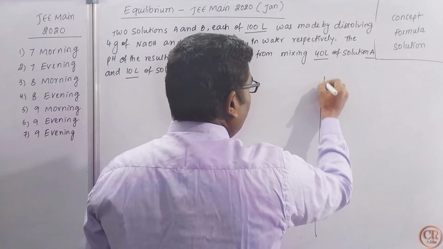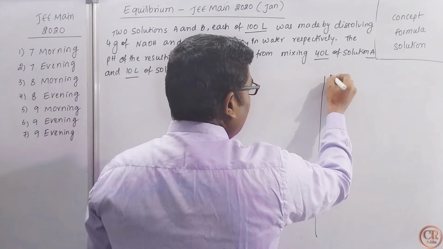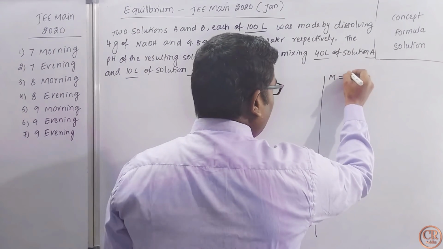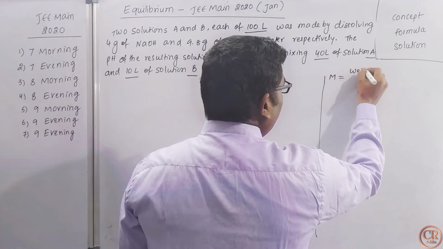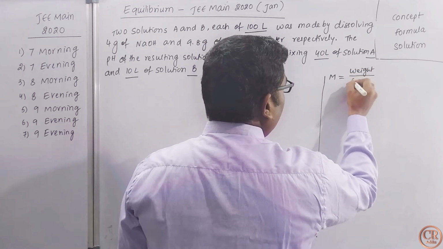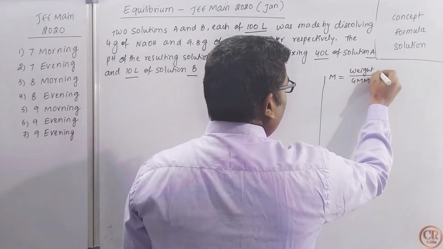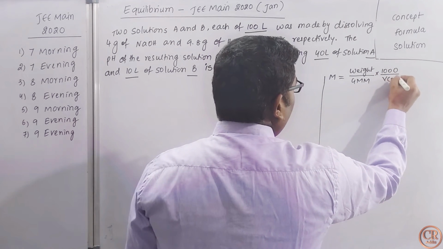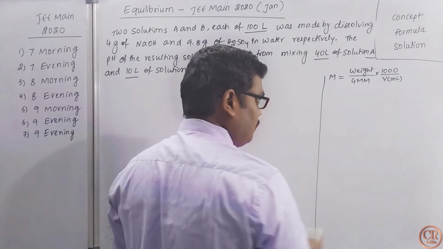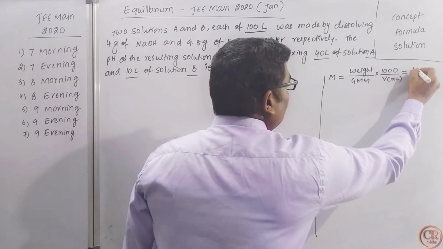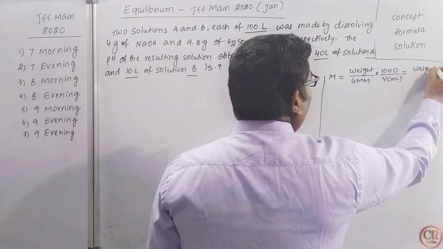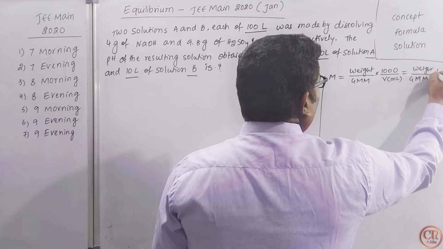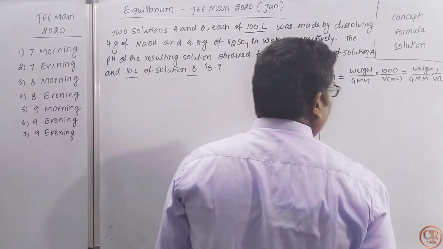So first we need to calculate the concentration. Here concentration is nothing but molarity. So molarity is equal to given weight by gram molecular mass into 1000 by volume in milliliters, or this is equal to given weight by gram molecular mass into 1 by V in liters.